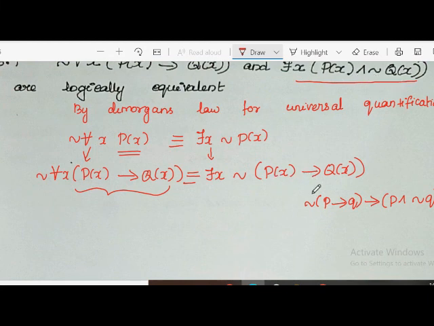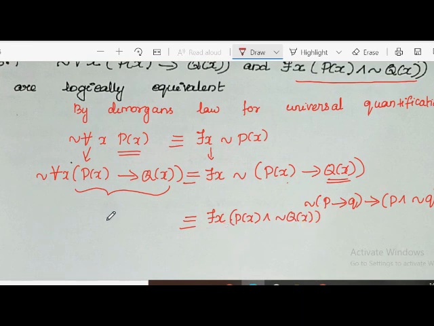I think you can apply here, instead of p you are having p of x, and instead of q you are having q of x. So I am applying this law. I am saying that this is equivalent to there exists x, as it is you write negation of p implies q. That is, we can write it as p of x conjunction negation q of x. So in this format.